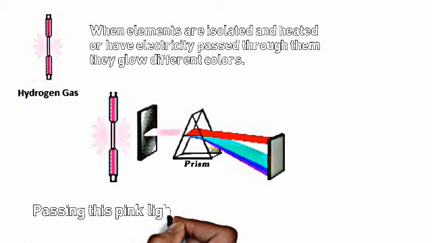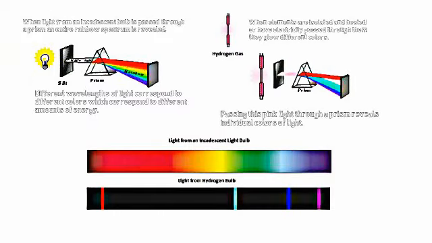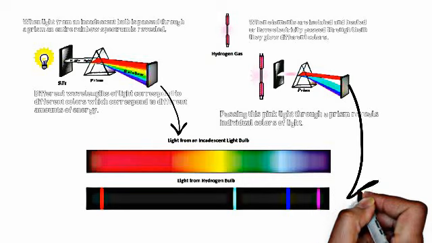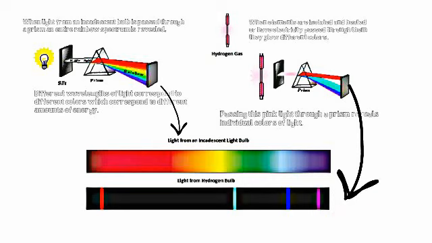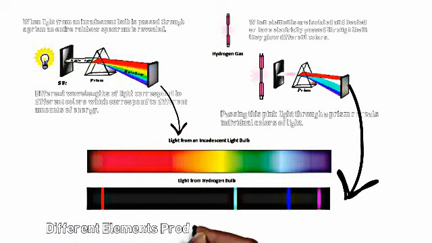Hydrogen is a pink gas, and you see very, very specific lines called emission spectral lines from hydrogen. So he began to think, well, why is this? Why does a light bulb give me the entire rainbow spectrum, whereas hydrogen only gives me these four lines: red, teal or bluish green, blue, and violet? Okay, so why is this happening?